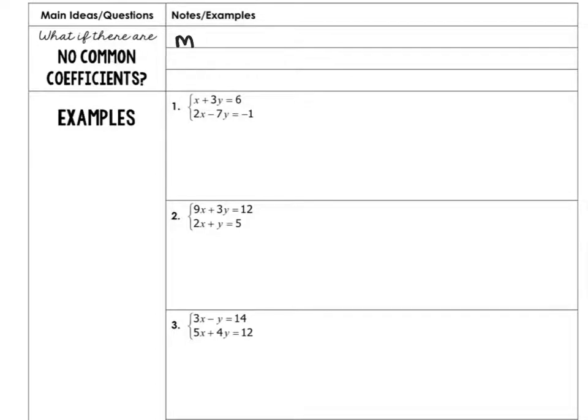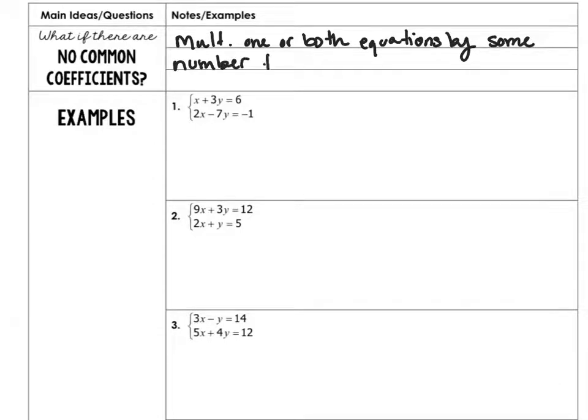What we're going to have to do is multiply one or both equations by some number to create matching or opposite coefficients.